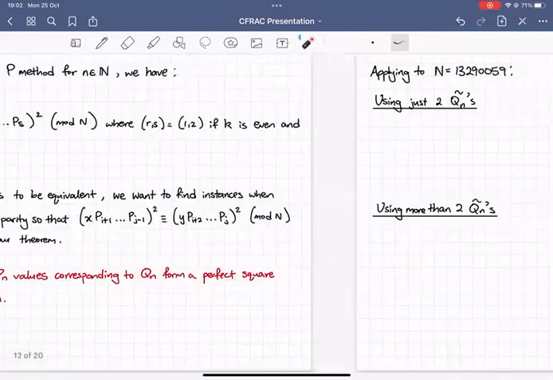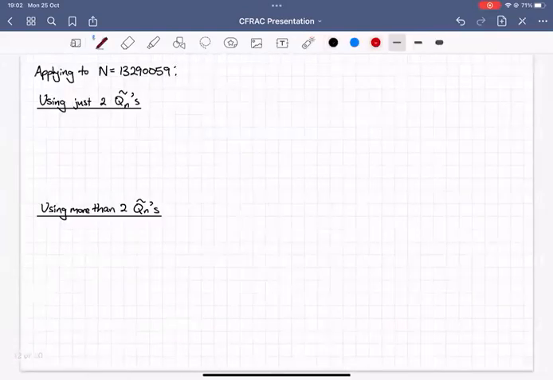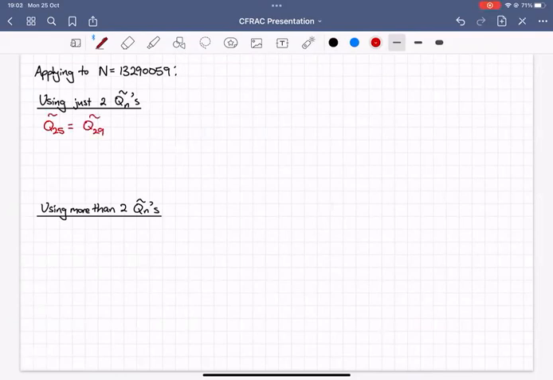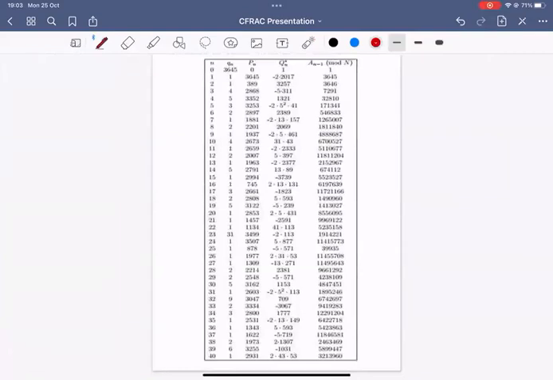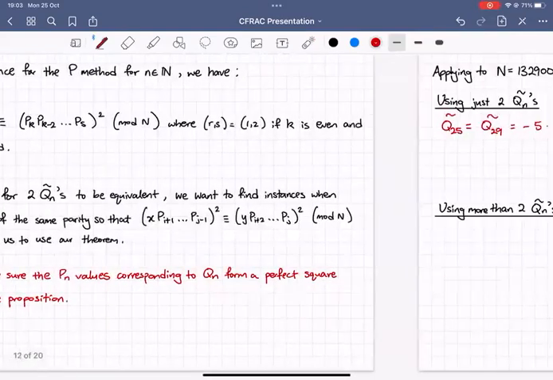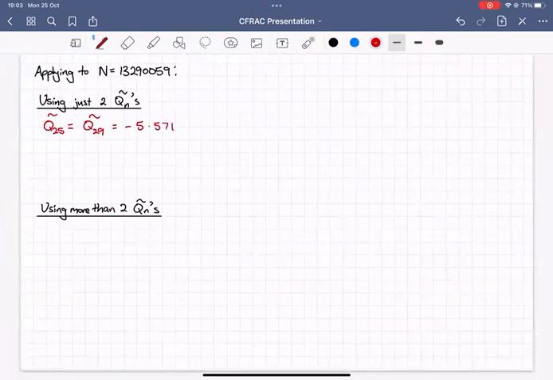So if you go back, Q25 tilde is equal to minus 5 times 571. And obviously 25 and 29 are both odd, so of the same parity.